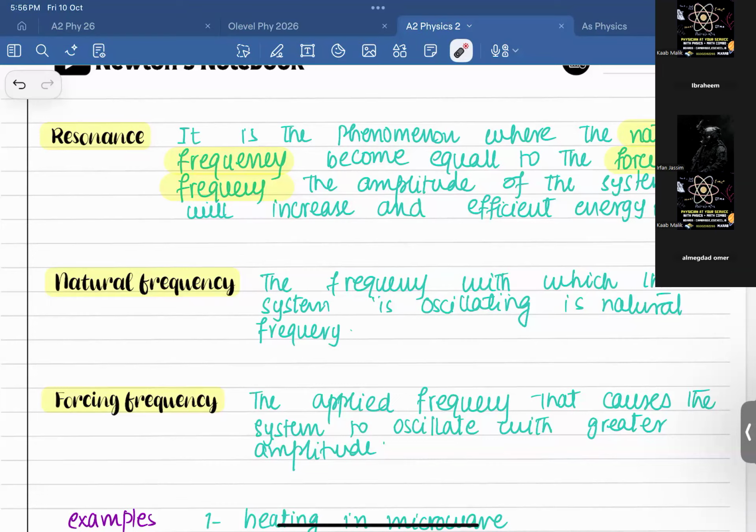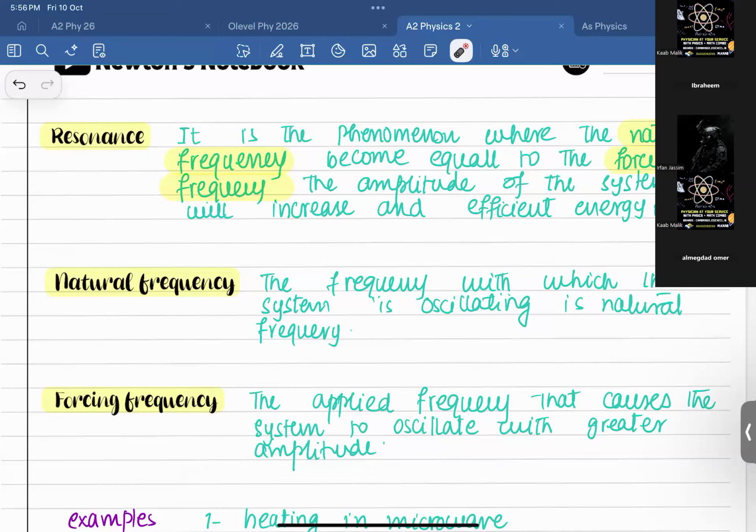So you can imagine a swing that just moves back and forth, okay? Let's say somebody is sitting on it, and he asks you to push him some distance so that he starts oscillating. Your first push, which makes the person sitting on the swing start moving, the rest of the oscillations will have approximately the same frequency, and that frequency is known as the natural frequency, right?